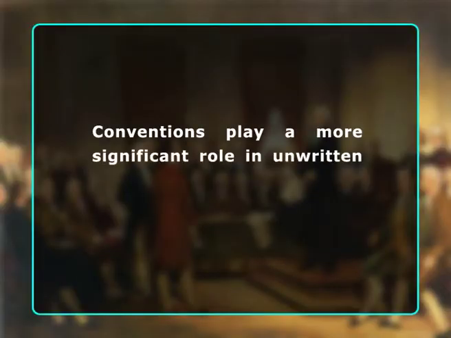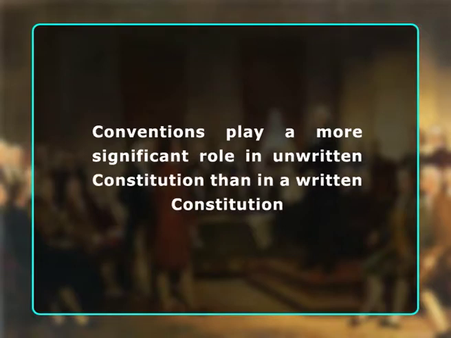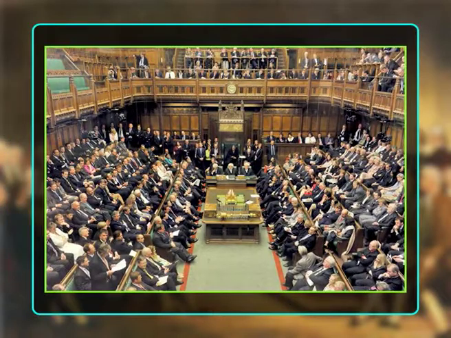These relations between the President and the Governor are some of the matters which are left to be evolved by conventions. Conventions play a more significant role in an unwritten constitution than in a written constitution. Britain is one of the best examples wherein the convention can play a very important role and does play.